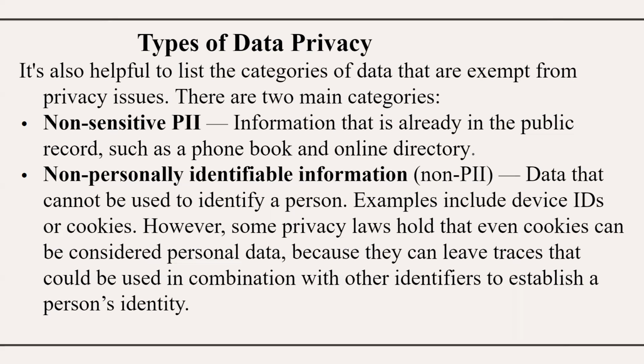If you are paying attention closely, I mentioned some non-sensitive PII which is in the public record, such as a phone book or online directory. But we have seen in recent times that some privacy laws say that some of this data should be considered personal. Why? Because of how vulnerable we might be in the world today.